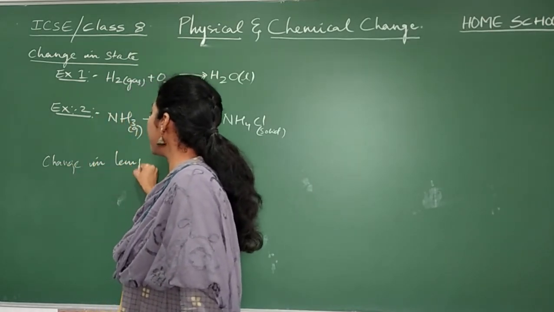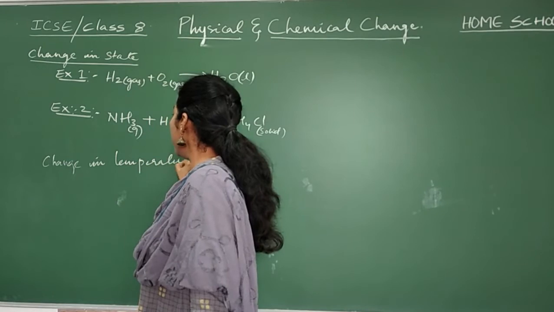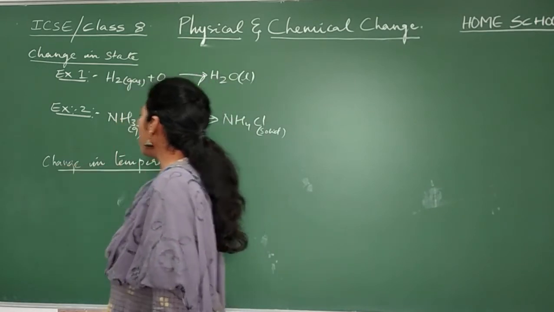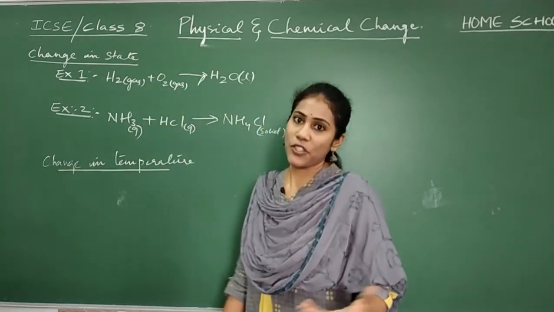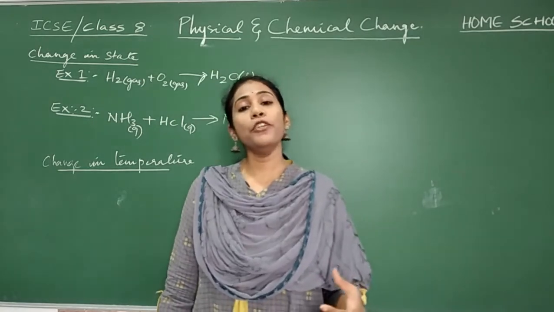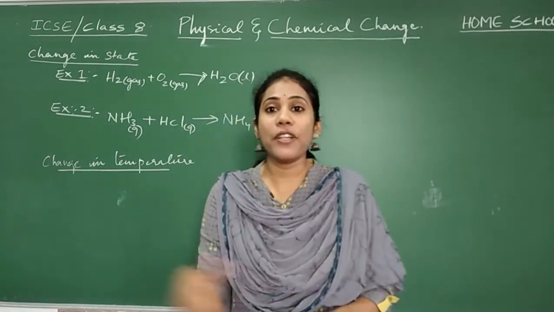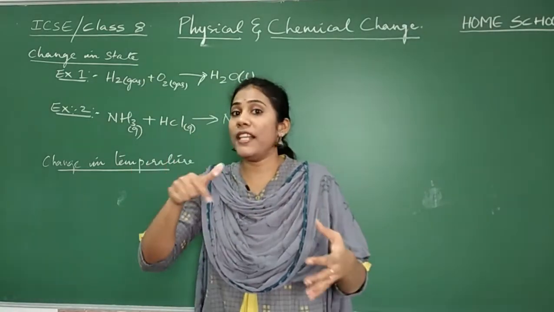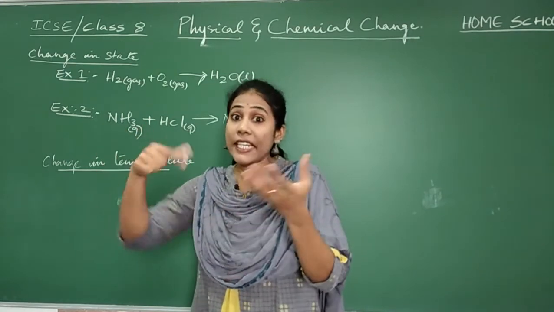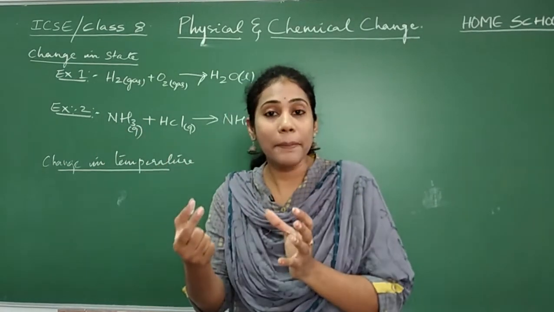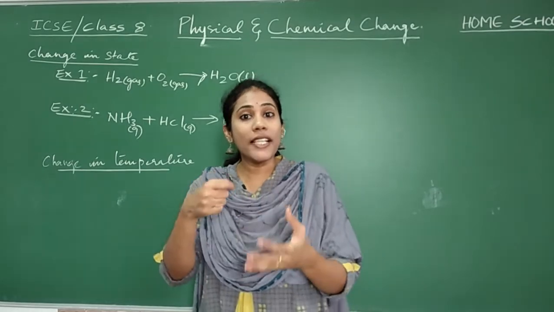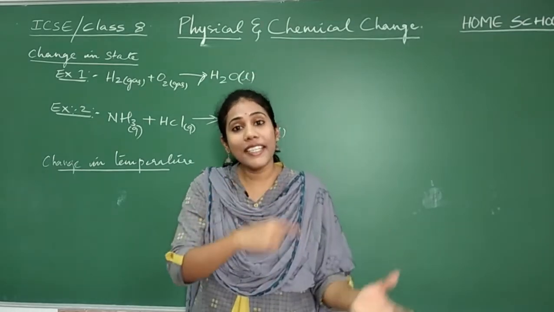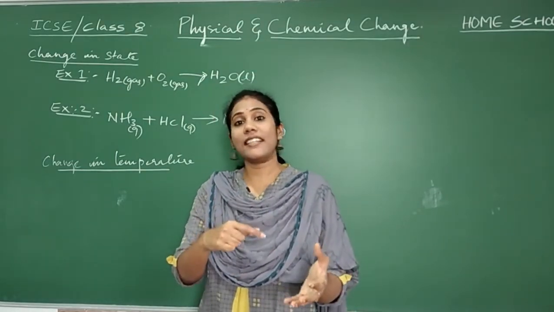Usually if a chemical reaction has to happen, sometimes you have to supply energy from outside. That is, you will have to heat the system. Then only a chemical reaction can happen. So what is happening here? Energy or heat. Here energy is nothing but heat.